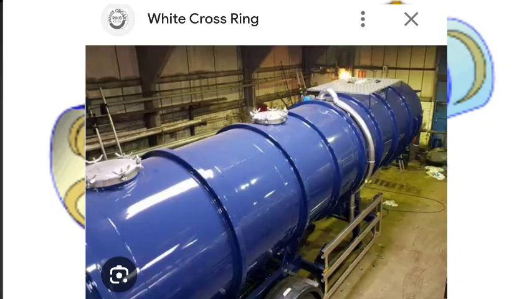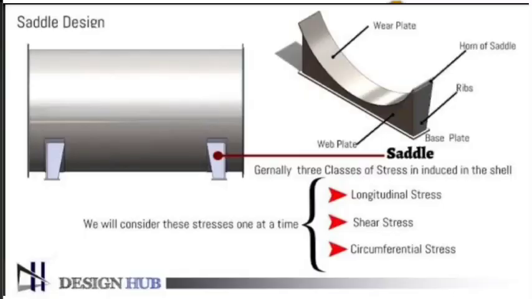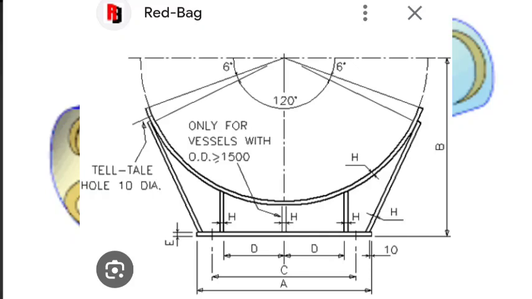So I tried multiple permutation combinations, and then I found out that if we increase the wear plate width to a value more than the minimum calculated value, that is V plus 1.56 root of RT, if we take a value higher than that, then it takes the full effect of the wear plate.